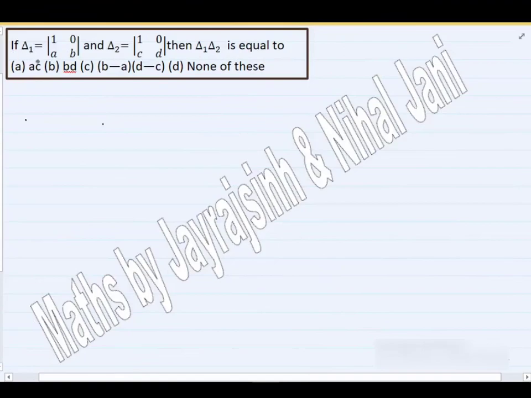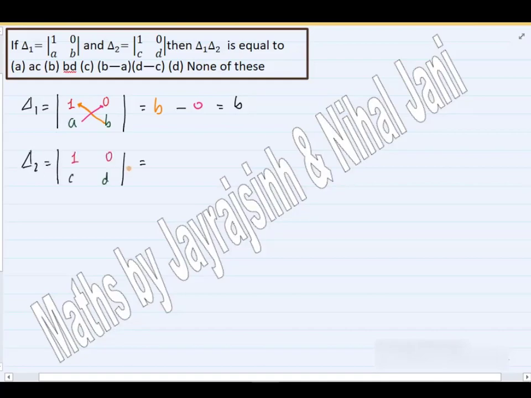In this question we have two determinants, delta 1 and delta 2. We simply have to find out the product of these two determinants. So first of all, let's get delta 1, and here it is. You have to multiply B with 1 will give us B, then minus A zeros are 0, so simply we will get B. Similarly, let's get delta 2.